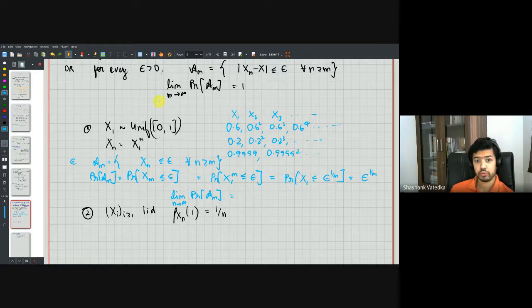So I'm defining AM for each epsilon, right? So fix an epsilon, okay?